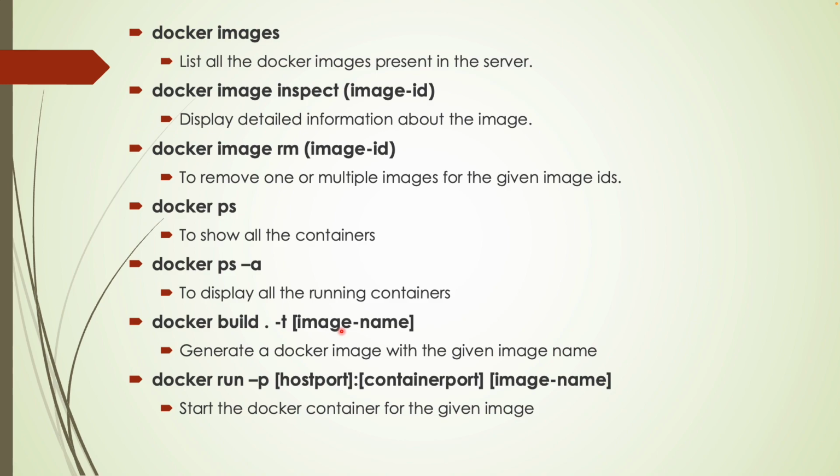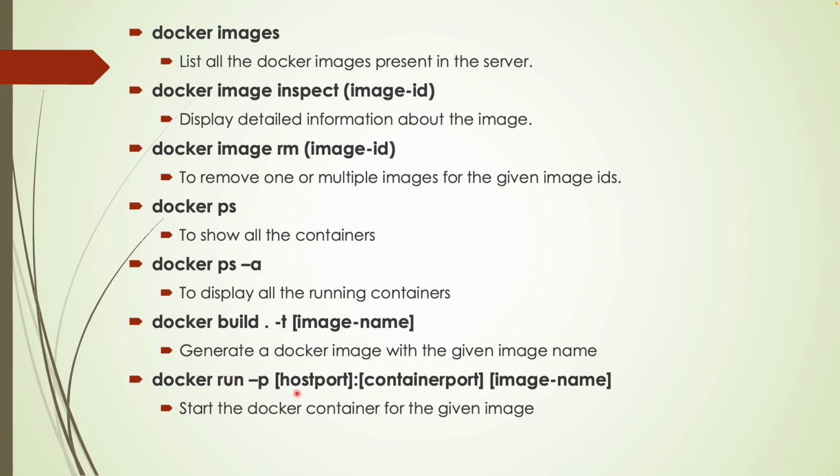Suppose I have a Dockerfile and I give the command docker build . -t cracket, then the image cracket will get generated. My Docker image will get generated with the name cracket. And if I want to see the Docker image, what command will I give? I'll give docker images, which will display that cracket image which I built with the help of docker build.